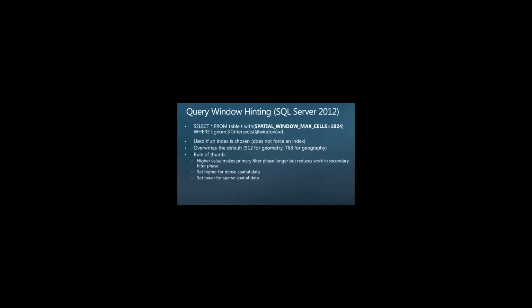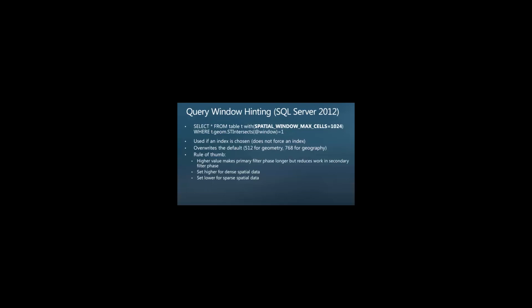So the default values for these probing windows are given, as you can see here, but we can actually override that with a spatial index hint, spatial windows max cells, that we can specify in a query. Note that this is only used if an index is actually chosen. It does not force an index by itself, so you would have to use an index hint to force an index if you want that.